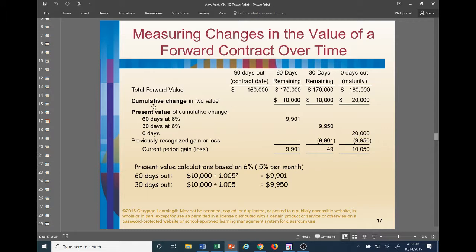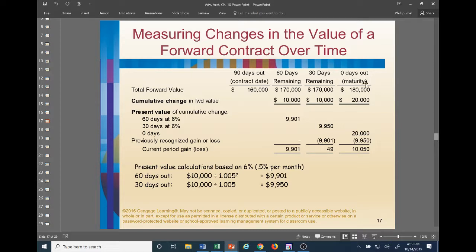So the cumulative change in the forward value from 160 to 170 is 10,000. At 30 days, the forward rate is still 0.17 with the notional amount of a million foreign currencies, so that's still 170. Once again, the cumulative change in forward value since inception, 160 to 170, is still only 10,000.